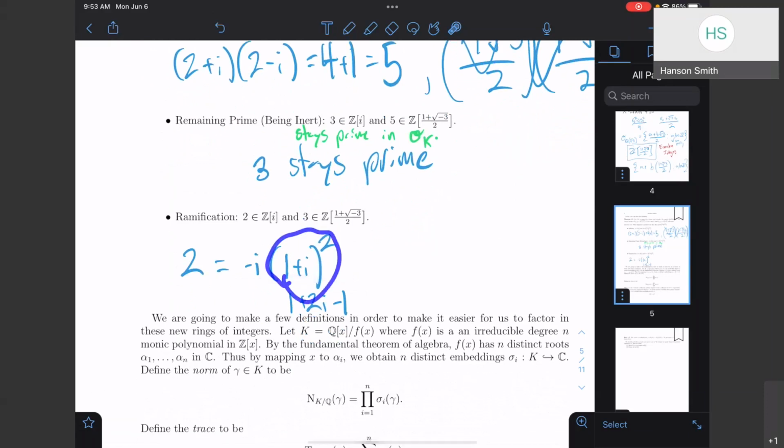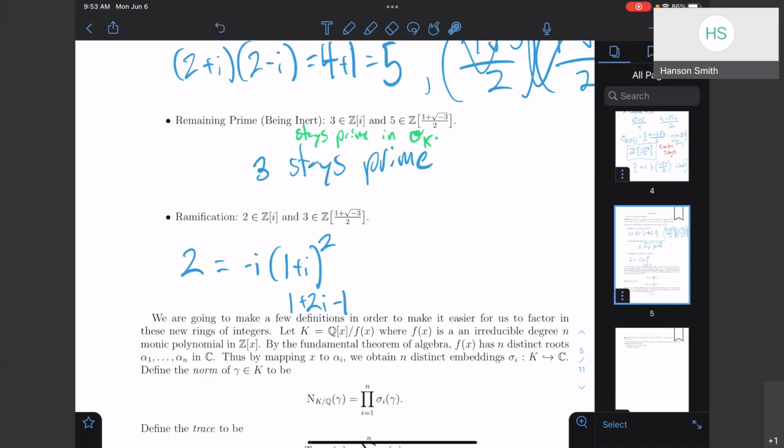And it looks like it's the square of another prime. And it turns out 1 plus i is prime in the Gaussian integers. It's a prime element of the Gaussian integers. They're primes that become squares or cubes or whatever in these new extensions. And that's kind of weird.